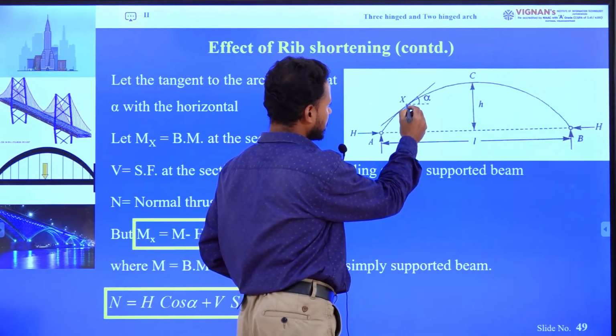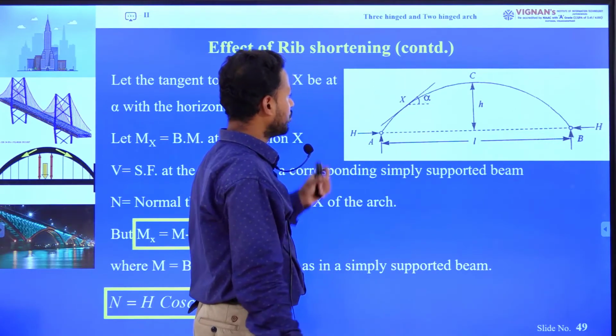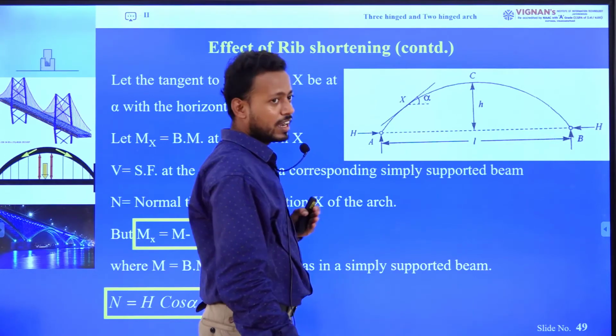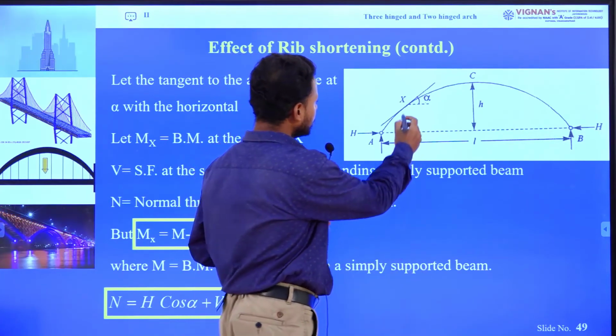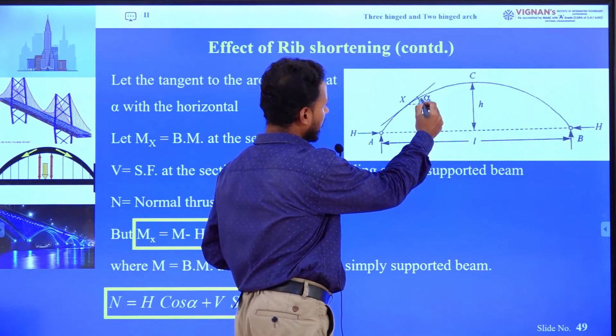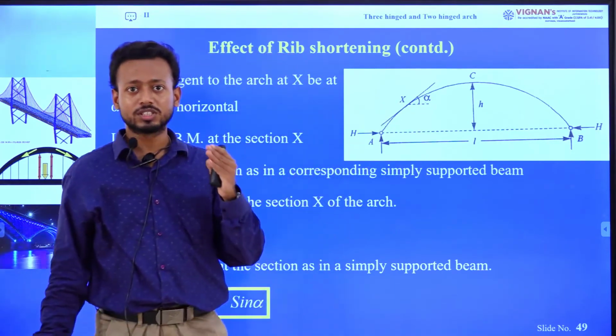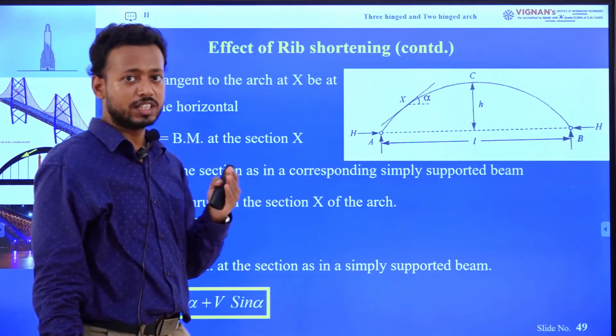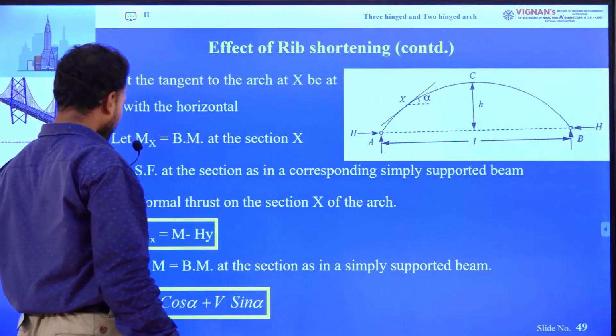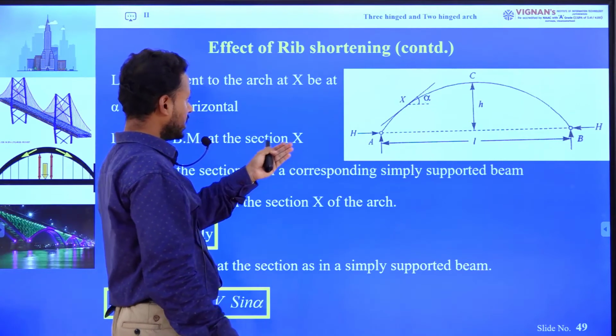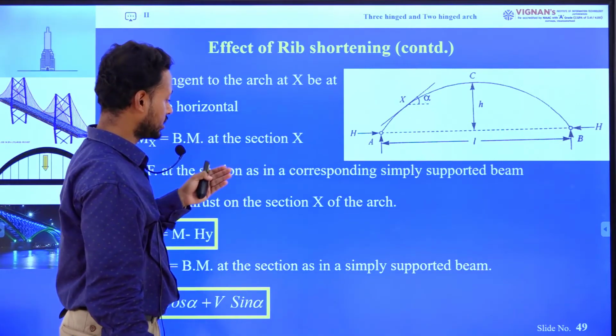At any cross section X, if you draw a tangent, that tangent is inclined with the horizontal plane at angle alpha. At this point we will consider what forces are acting, what the bending moment is, and after that we will calculate the normal thrust.